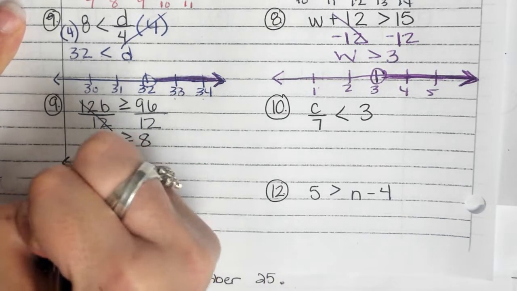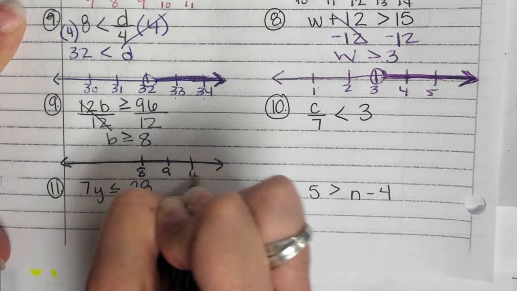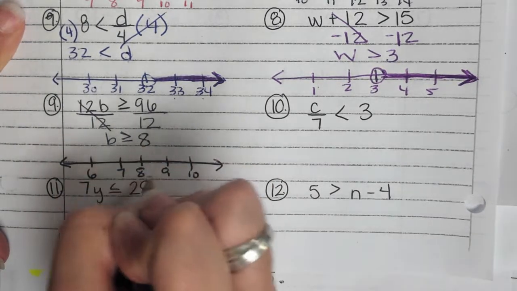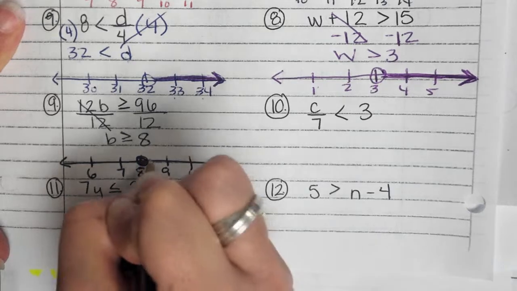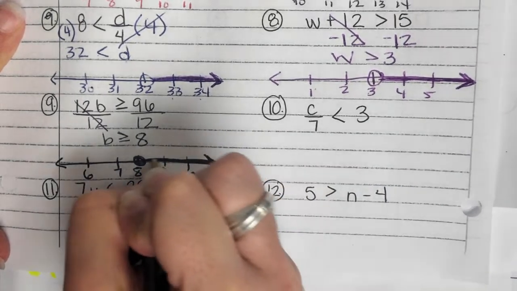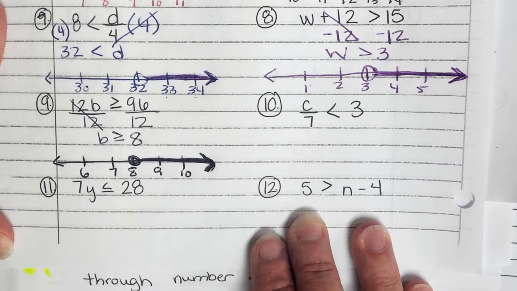Okay, here's a number line. We need 8 in the middle, 9 and 10, 7 and 6. Closed circle, closed dot. B is greater than or equal to 8, meaning we have to go this way. Seems like we always go that way, but it's just the way this piece of paper is, I guess.